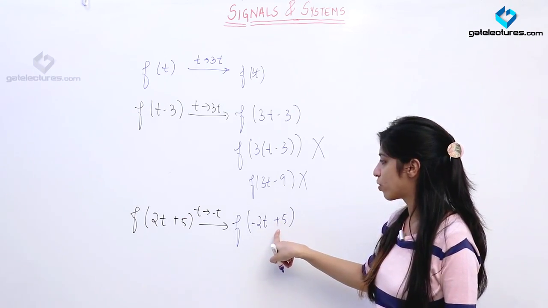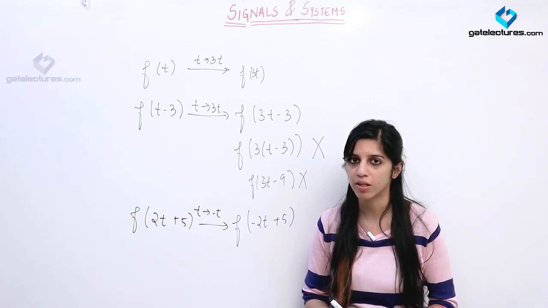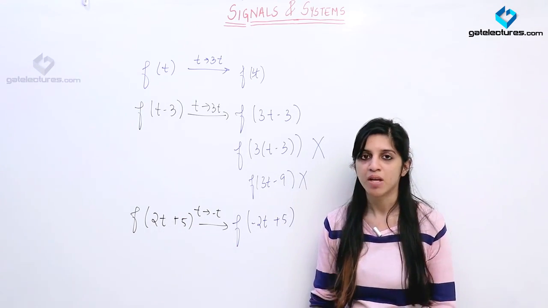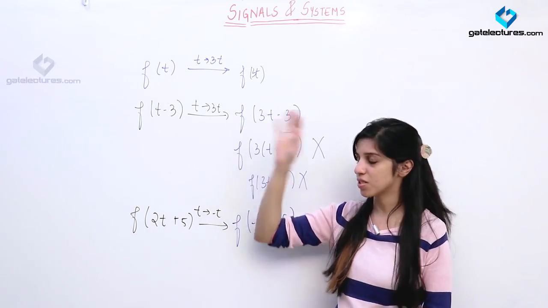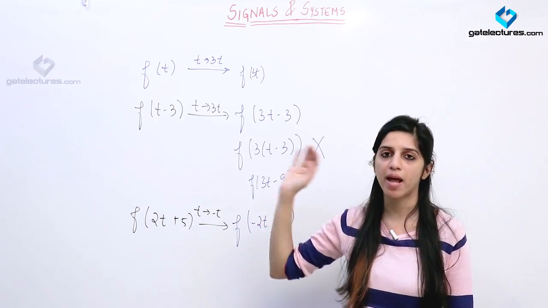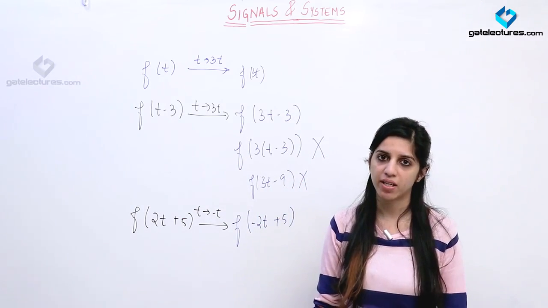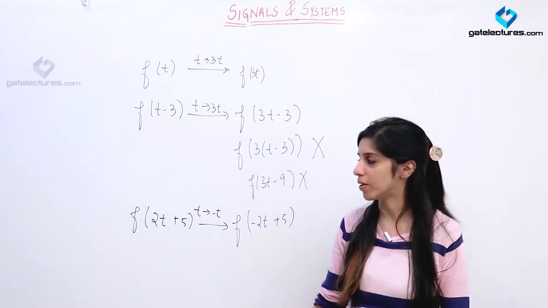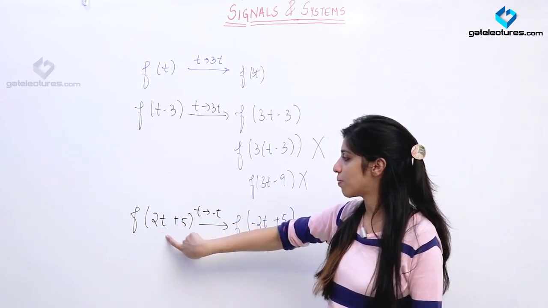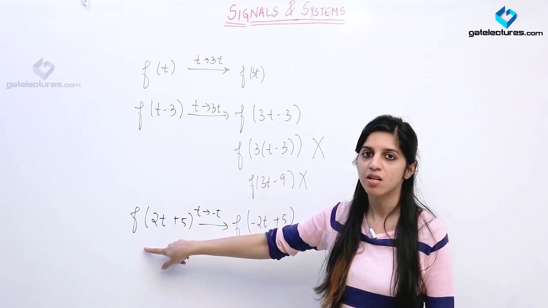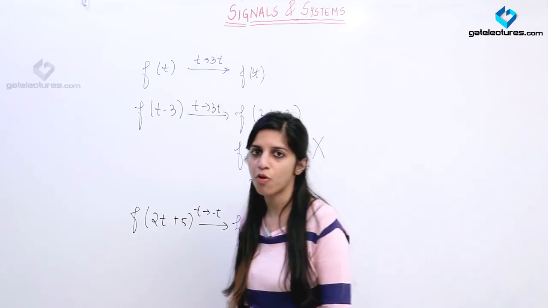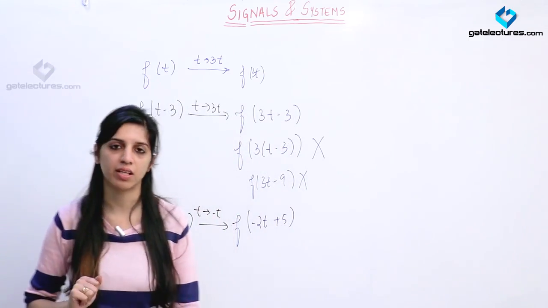This is going to remain plus 5 only, and this is only going to be a left shift. Why? Because all the operations you are performing apply only to the independent variable and not to the complete argument. This whole thing, 2t plus 5, is the complete argument of the signal. So whatever operations we perform, they apply only on the independent variable.